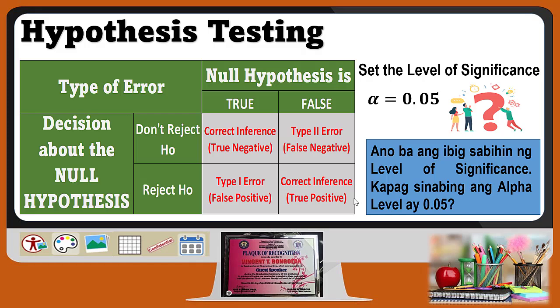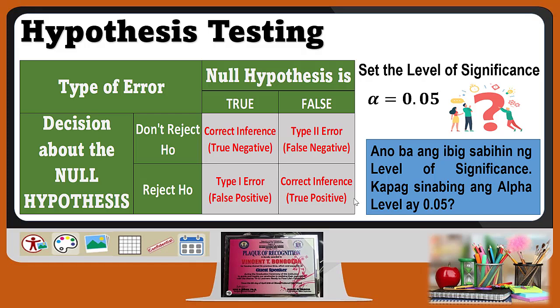Pero nandyan pa rin kasi yung tinatawag natin, there is no perfect. Walang perfectong tao. So, ganun din sa magiging desisyon. Kahit sabihin ninyong expert yung judge, kahit sabihin ninyong expert yung professor, kahit sabihin ninyong expert yung researchers or investigators, mayroon at mayroon pa rin itong magiging desisyon na hindi tama.